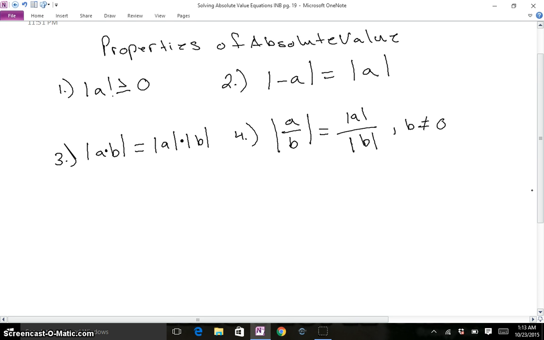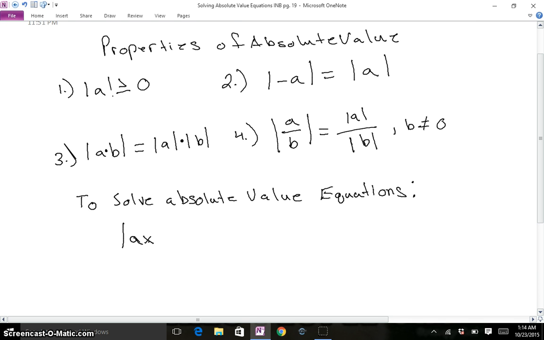Alright, now we're going to look at how do we solve absolute value equations. So let's say you have an absolute value equation, ax plus b, equals some number c.